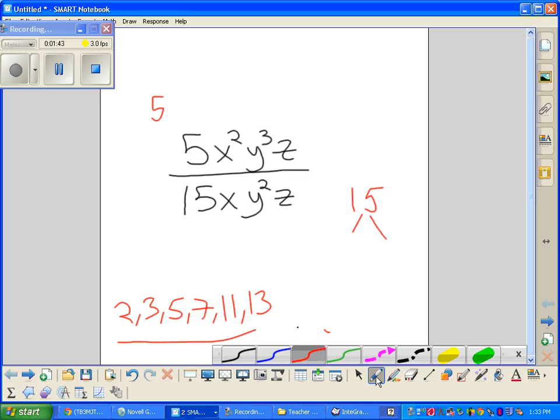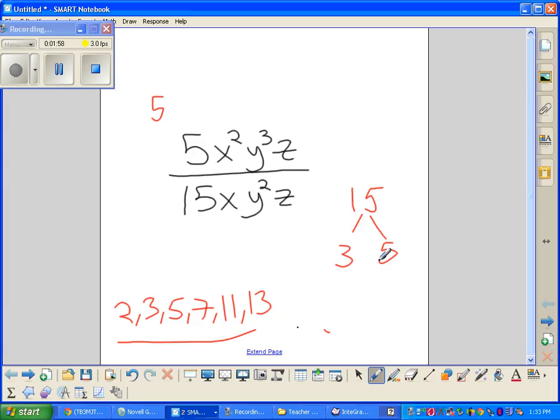But we're going to break it down, and if we break it down, we might get prime numbers. How many times does 3 go into 15? 5. And if you're unsure, just do 15 divided by 3. You get a 3 and a 5. You guys okay so far? Are they on the list of prime numbers? Yep. Okay, so those are circled and they're done.